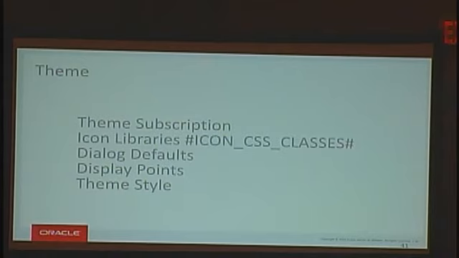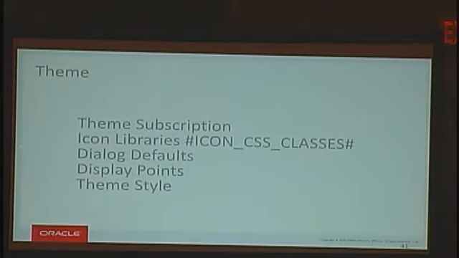There are dialog defaults you can set, so which region should be used, which page template, if a dialog is created. And also one thing which is interesting and you might not have noticed yet: within Page Designer, we don't show region position 1 to region position 8 anymore. Instead, you get a region position called, like, sidebar, or you get button positions, and so on.